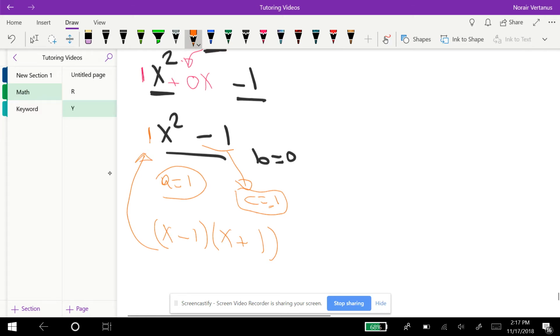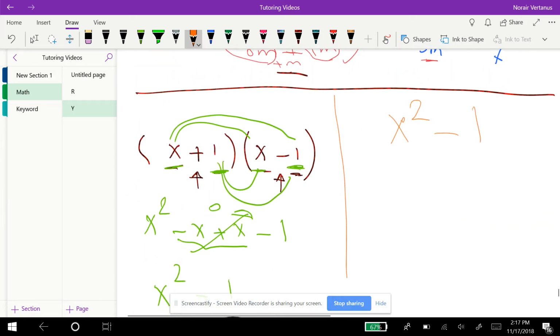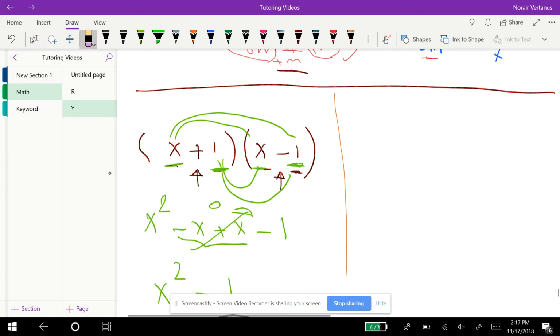Therefore, any time that you see x squared minus 1, you're going to write it like this: x minus 1 times x plus 1. This is one example. Now I'm going to change that. I'm not going to use this x squared minus 1. Let's come up with something else. Let's say x squared minus 25.